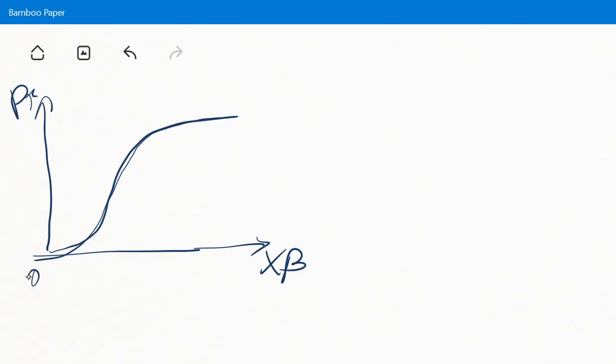Then this curve lies between 0 and 1, and we can select some cutoff value, where we can say that above this will be class A and below this will be class B. We can have some threshold set on this curve.